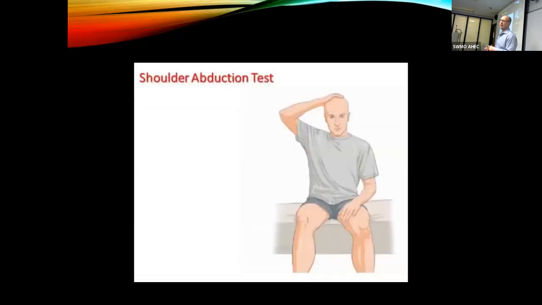So, shoulder abduction test. This one is surprisingly accurate. Does anybody know what this means? Got shoulder pain, it hurts at night. The only way it relieves it is if I put my hand behind my head on my pillow, and then I can go to sleep. If you have impingement syndrome or rotator cuff tendonitis, is doing this going to make it worse or better?